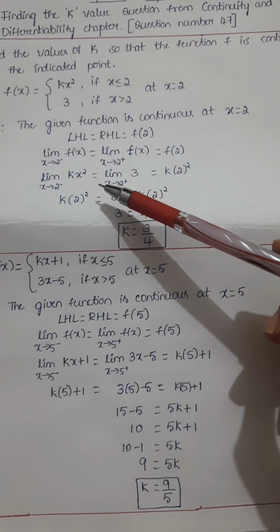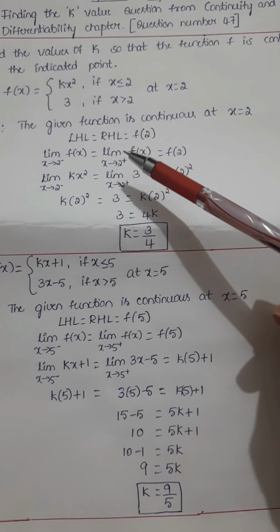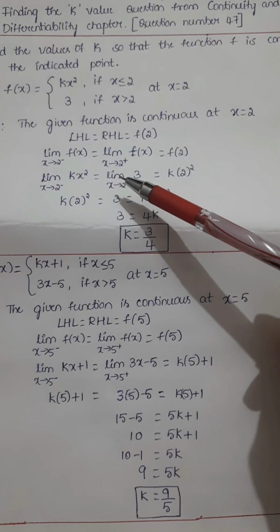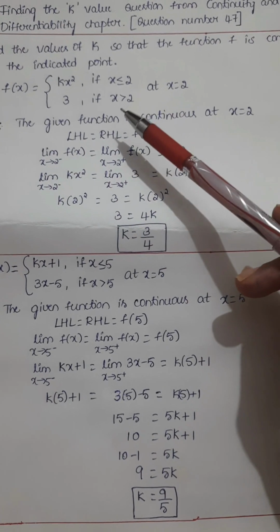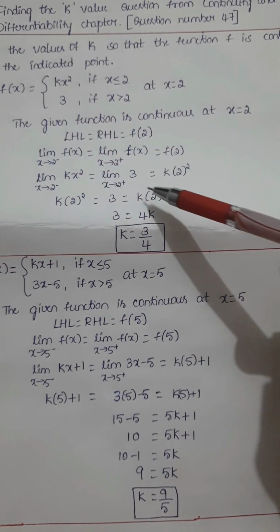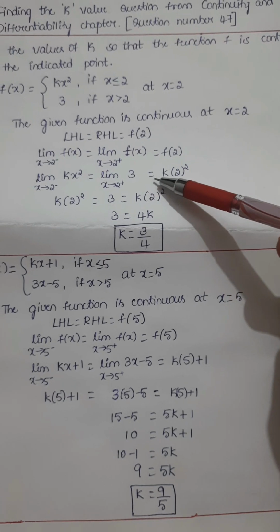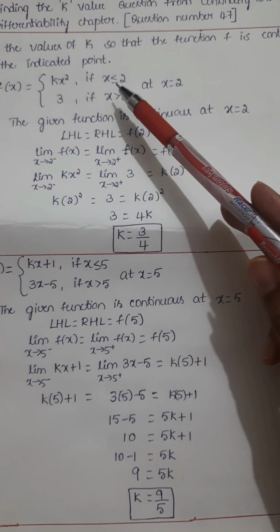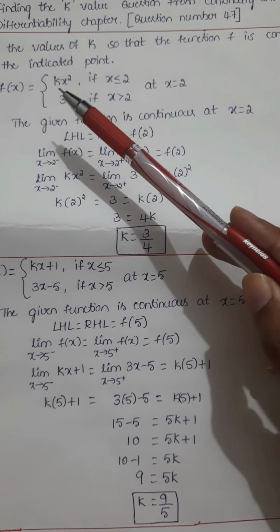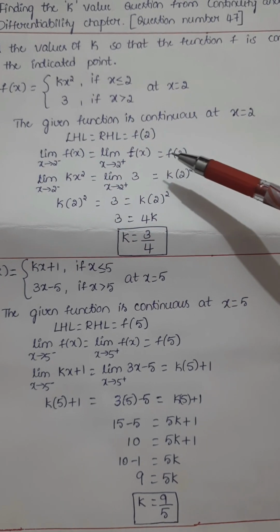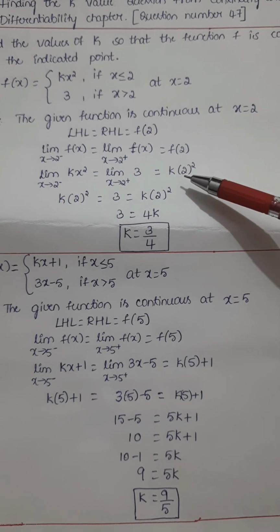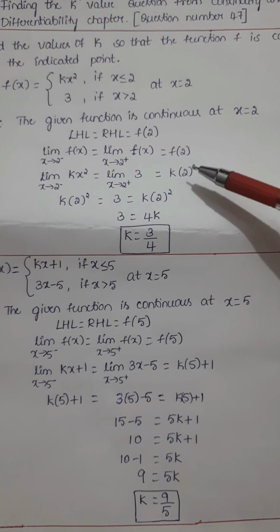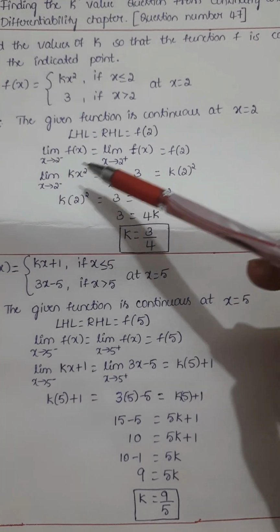For RHL we consider the function which has the greater than sign, that is 3. And f of 2 is k 2 square, because at x is equal to 2 we have the function kx square, so in the place of x we substitute 2 and get k 2 square. Next step, apply the limit.